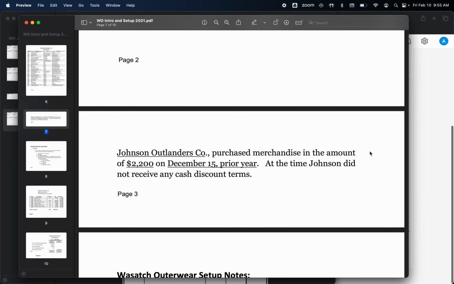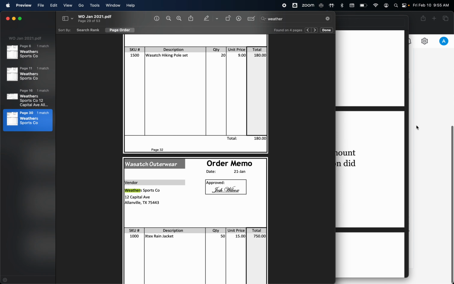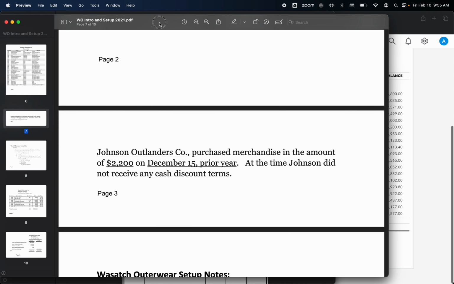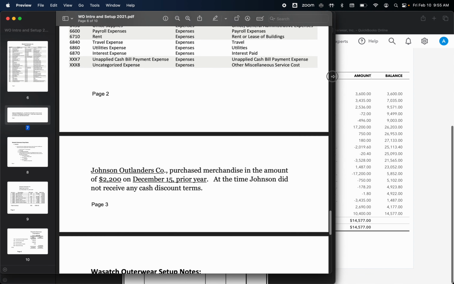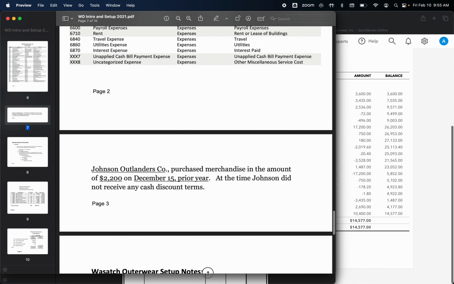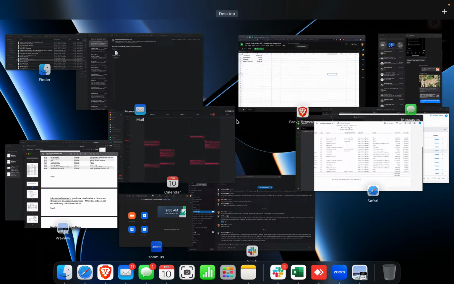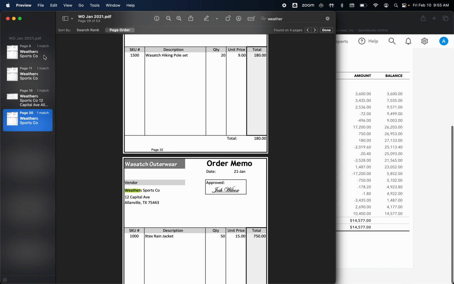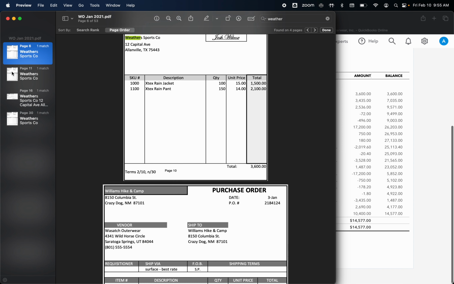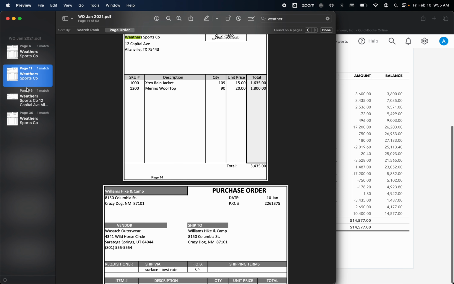So January. Okay. And Weather 3600, 34.35.